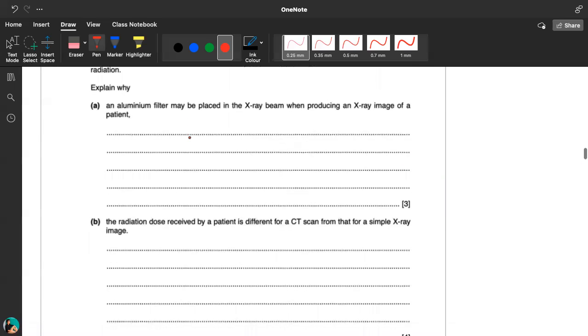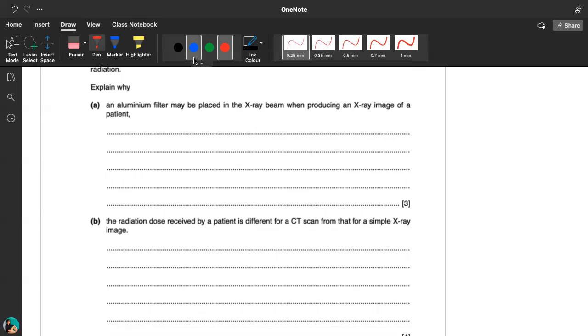Okay, question 4, you want to give the difference between CT scan and X-ray. What is CT scan?